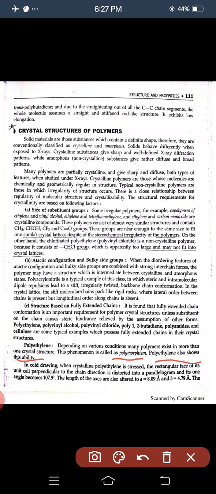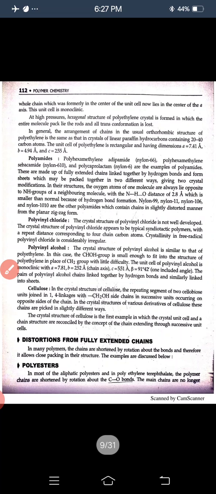A equals 8.09 angstrom and B equals 4.79 angstrom. The whole chain, which is formerly in the center of the cell, now lies in the center of the axis.